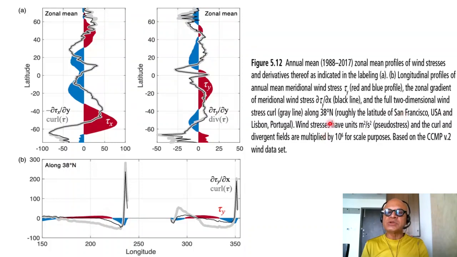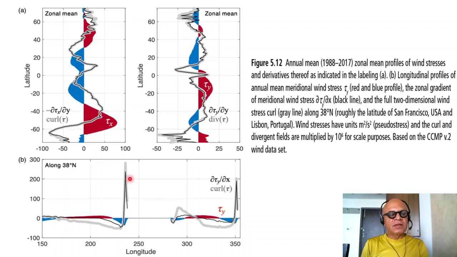The full two-dimensional wind stress curl in gray along 38 north, roughly the latitude of San Francisco, USA, and Lisbon, Portugal. So you can see at 38 north, if you draw a line going in longitude from 150 west to the Greenwich meridian here, or back to the dateline here.